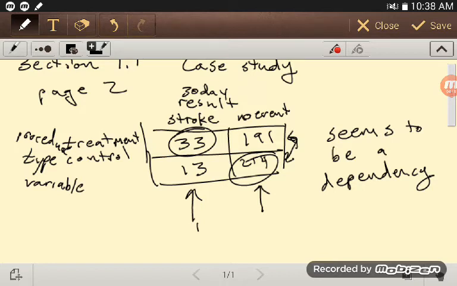But it looks like there might be. So this is worth me taking this statistics course and learning a technique to come up with a better understanding of whether I really think there is a dependency here or not.